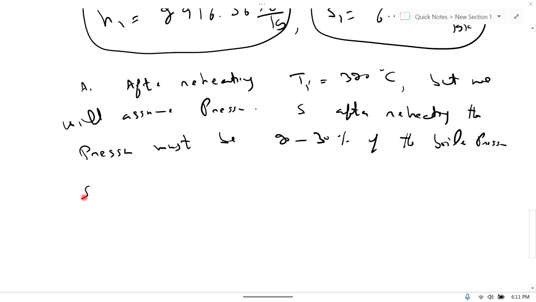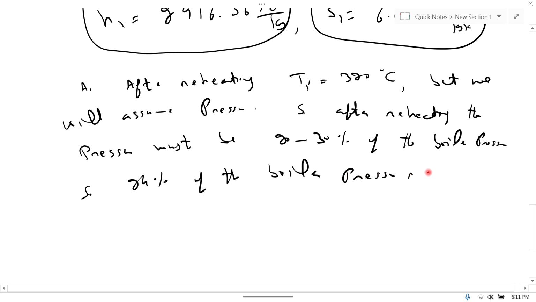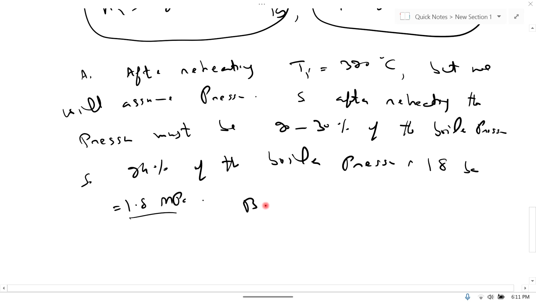So 24% of the boiler pressure is 18 bar, which is equal to 1.8 megapascal. It means that we will assume pressure 1.8 megapascal for reheating, but there is a problem.